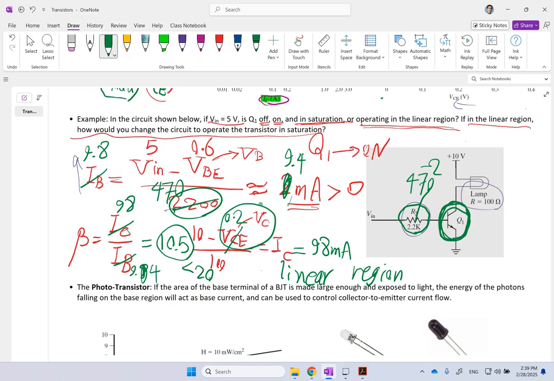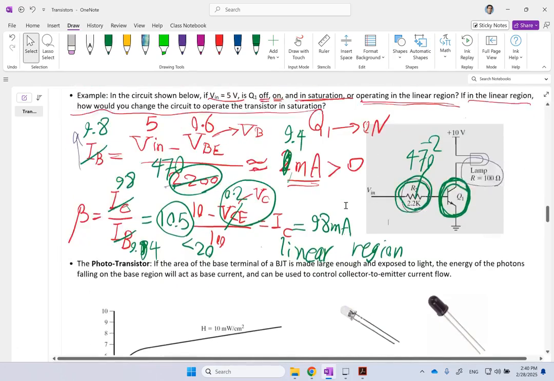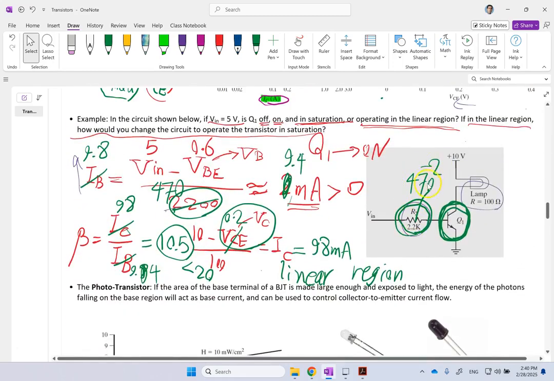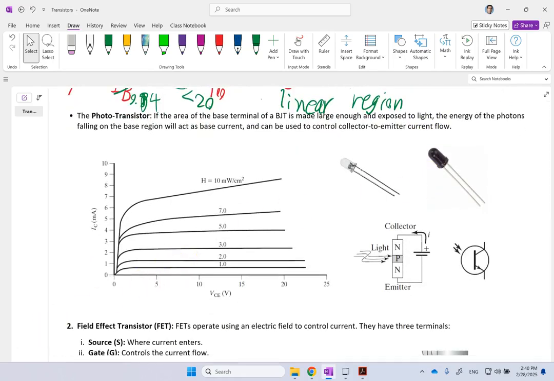So in order to make this just do the switching job without too much heat, you need to reduce the resistance R2. So hopefully now those governing equations and those graphs make a little bit more sense to you, and in which mode we are operating the transistor.